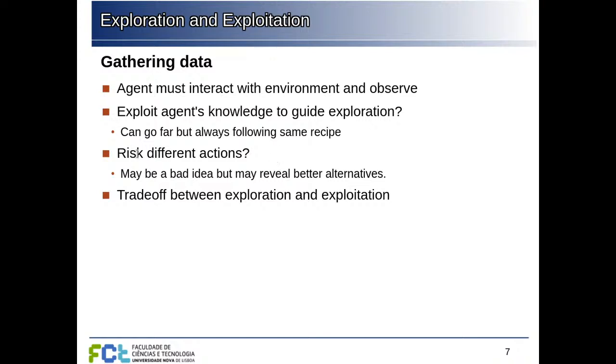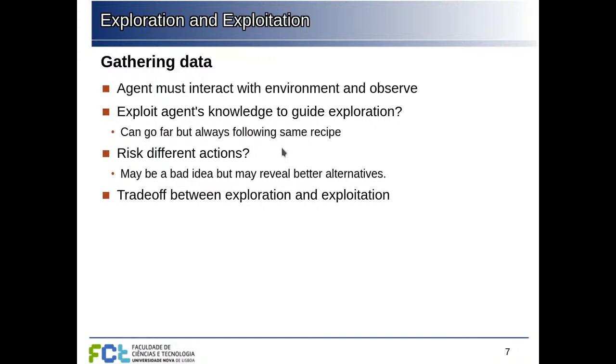Alternatively, we can risk going outside the policy of the agent. So the agent tells us that for that state, it's best to do some particular action, but we choose some other action at random. This may be a bad idea because if you play at random, you're not playing very well in a game, or if you drive at random, you're likely to smash the car against some obstacle.